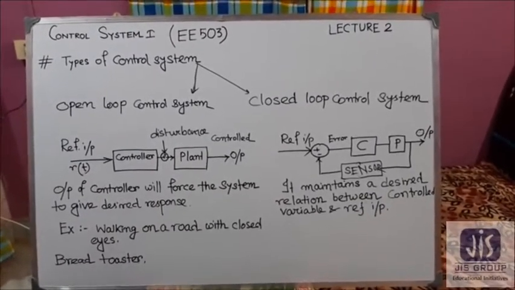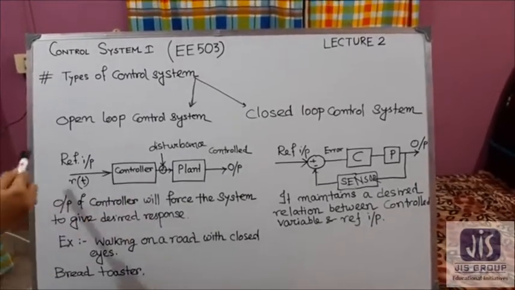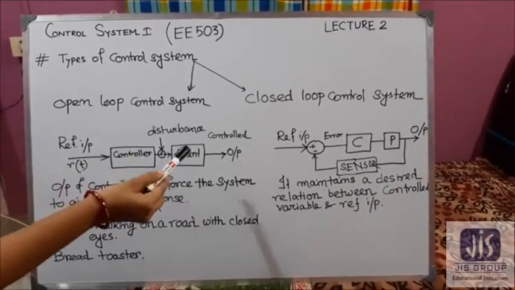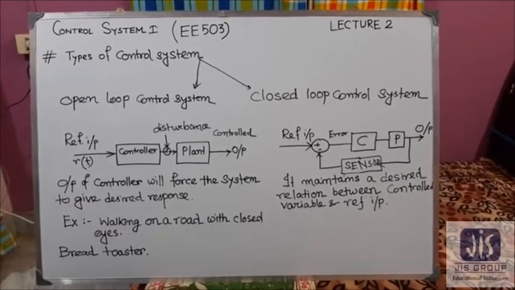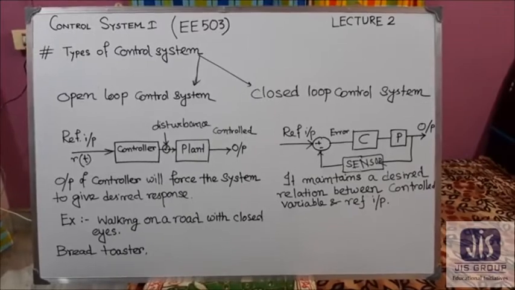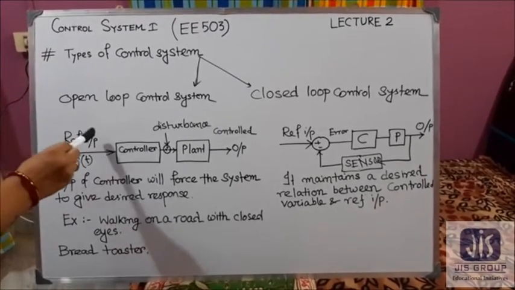Actually, a control system is an interconnection of different components such as the input, controller, plant, and output, which gives the desired response. In an open loop control system, this is the reference input.